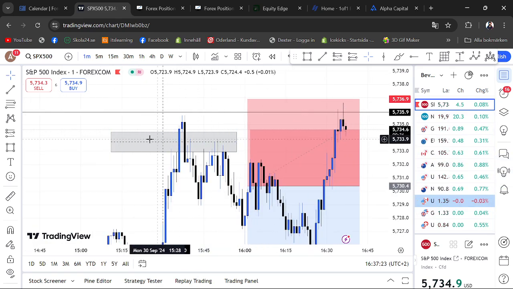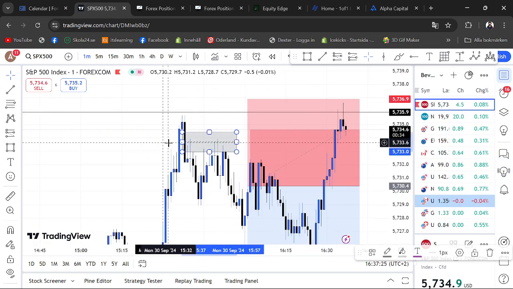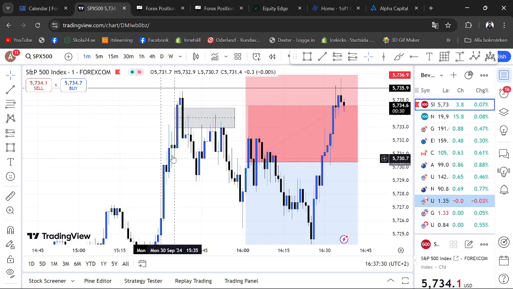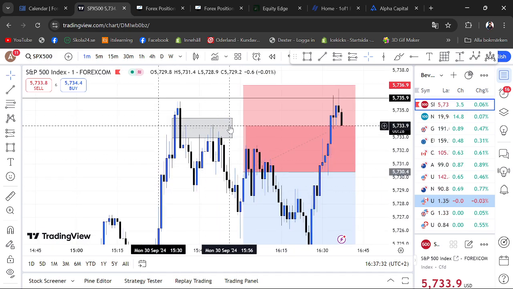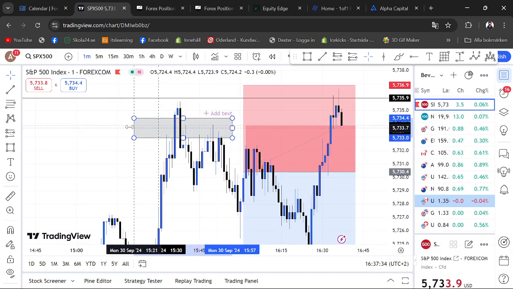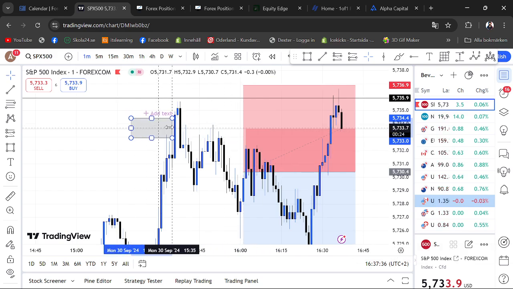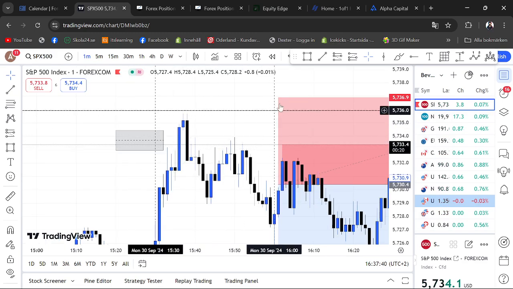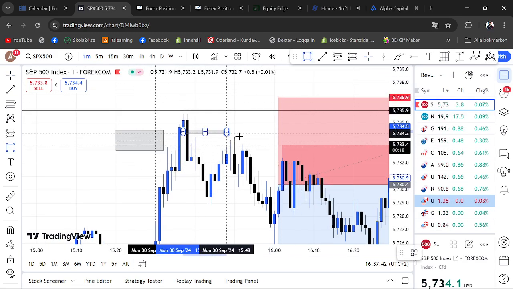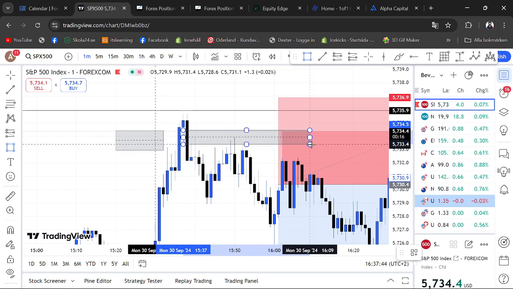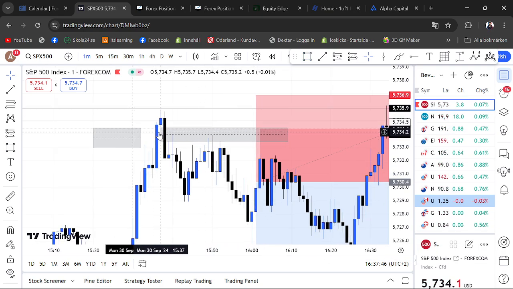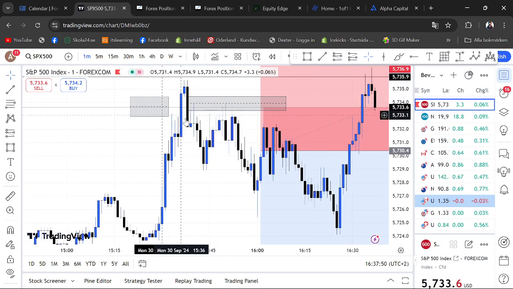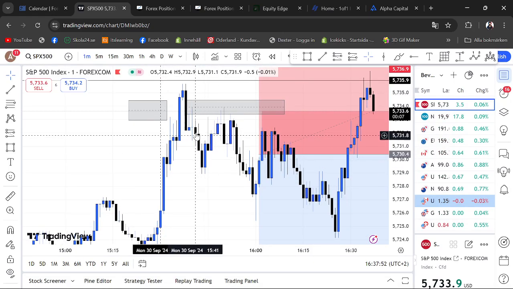So as you guys can see, we do have, boom, this inverse fair value gap, boom, we broke 1 minute structure to the downside, and then let me just remove this. So as you guys can see, this was the inverse fair value gap that got disrespected. Then we had this bullish fair value gap over here, or you want to call it a BPR, whatever you want to do. So we see price come into that.